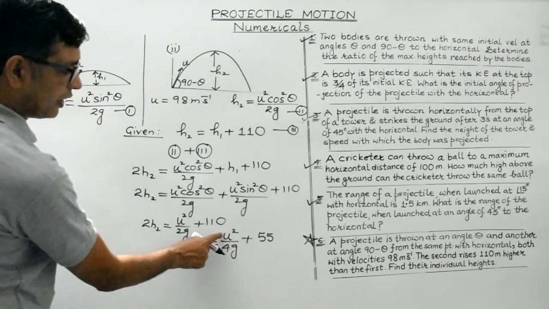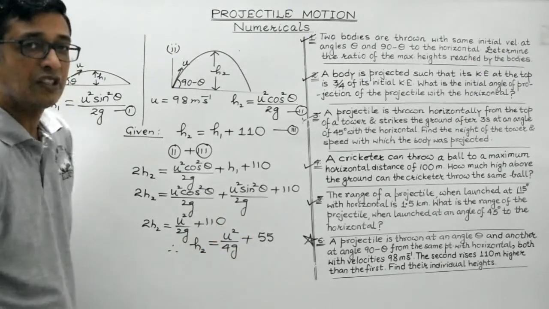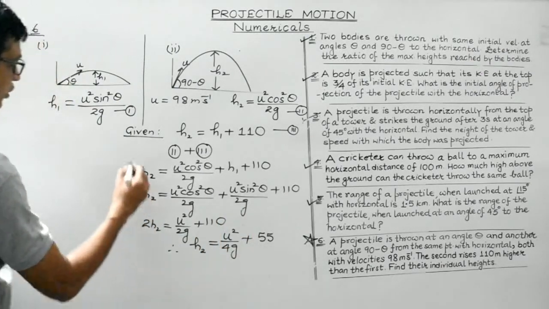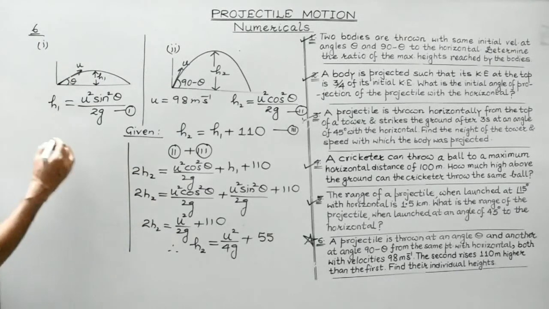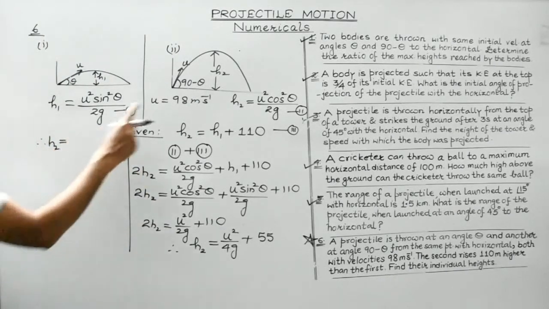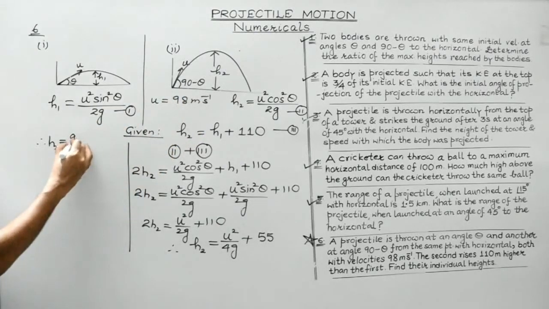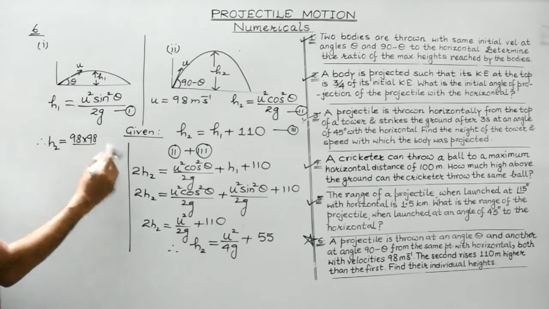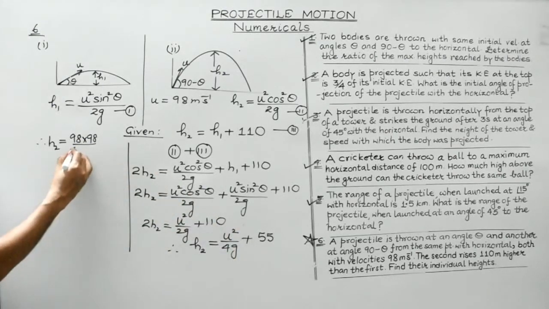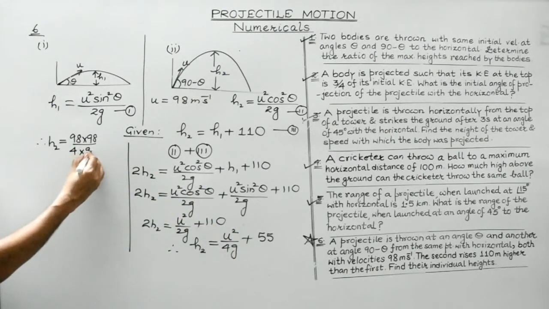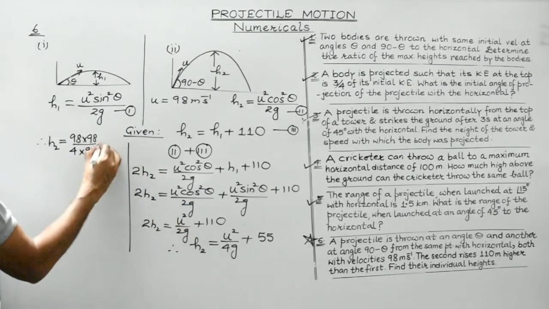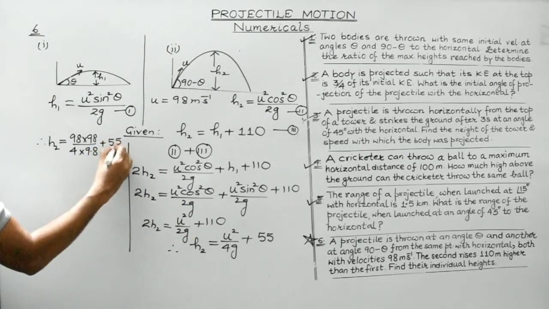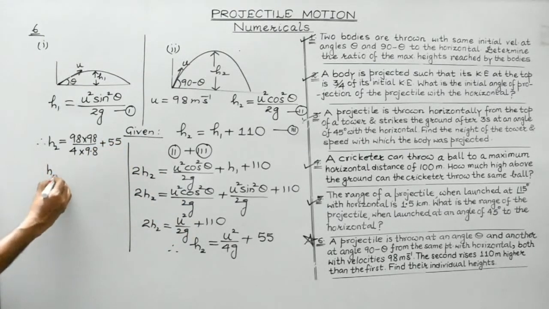Now let's substitute this value of u and g over here and we should easily get the value of H2. Okay, let's solve it. Therefore, H2 is equal to u square, u is given to be 98. So 98 multiplied by 98 divided by 4g, where small g is 9.8, plus 55. Let's try to evaluate it.